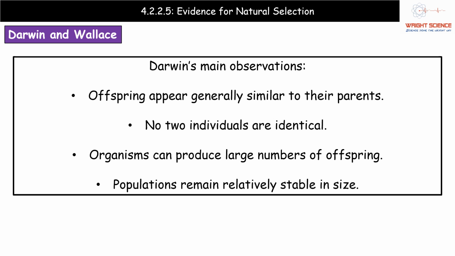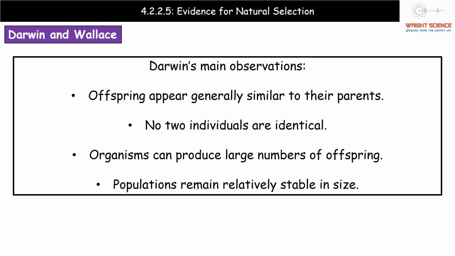In terms of the actual observations he was making that led him towards his grand idea of natural selection leading to evolution, was first of all that the offspring appeared to be generally similar to their parents. He also noticed that no two individuals were identical to one another. They all had some kind of subtle differences.